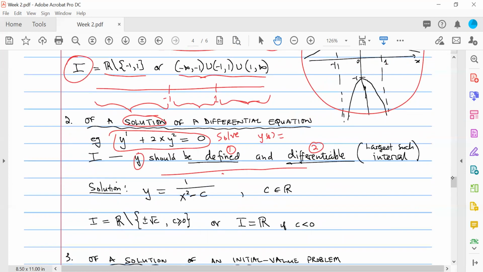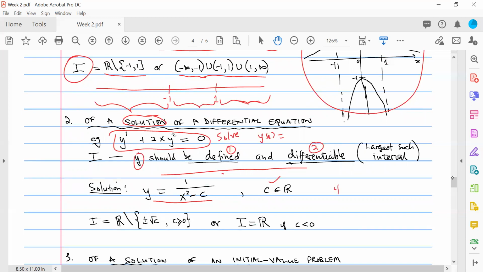Now, if you solve that equation, you'll get this solution here. You see C is just a real number here. We have a potential that C can be 0, C can be greater than 0, C can be less than 0. So we now want to check what happens if C is less than 0, and what happens if C is greater than 0.